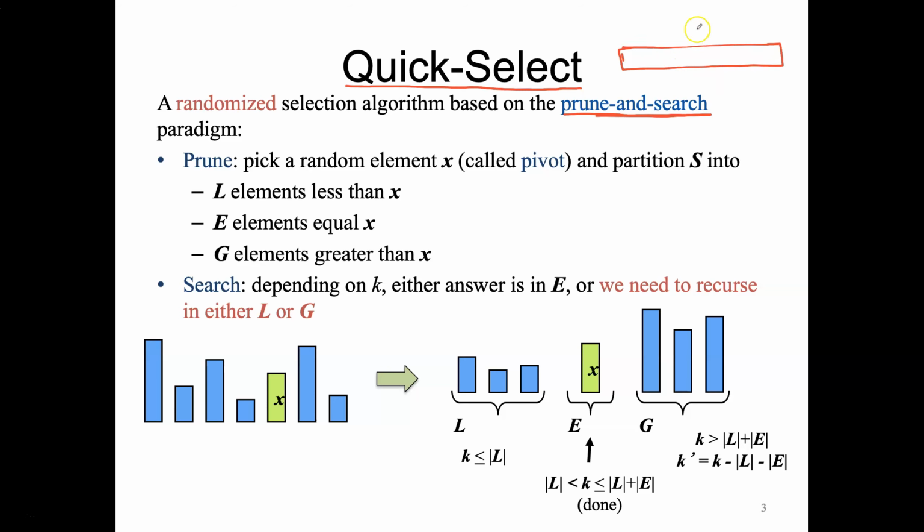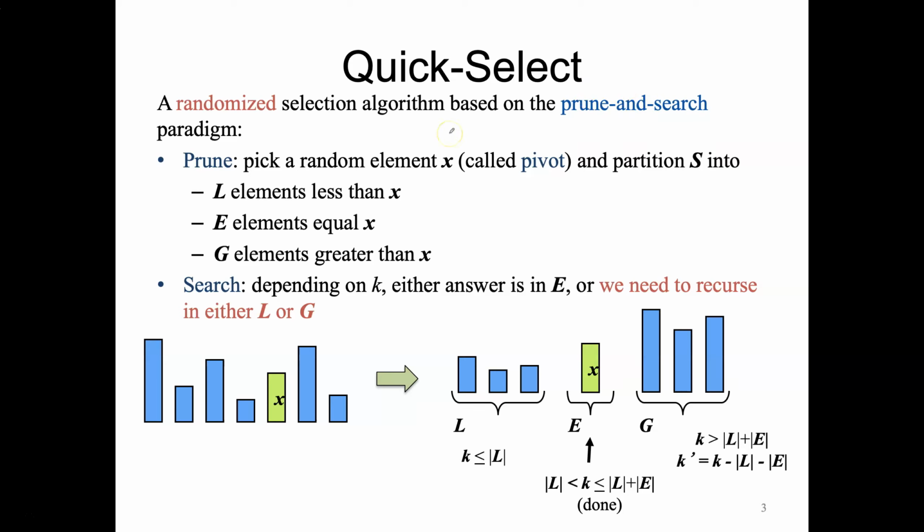We can somehow reduce this so that we know the item we're looking for doesn't belong in a portion of this sequence, and we can reduce it to a different portion. Then again, we reduce this sequence, determining the element we're looking for doesn't belong in this part, and we can just prune the search space of where we should look for some item in our sequence. So quick select is a kind of prune and search algorithm.